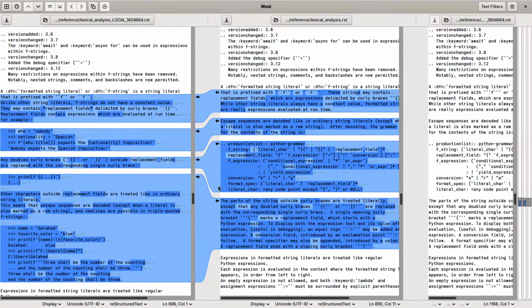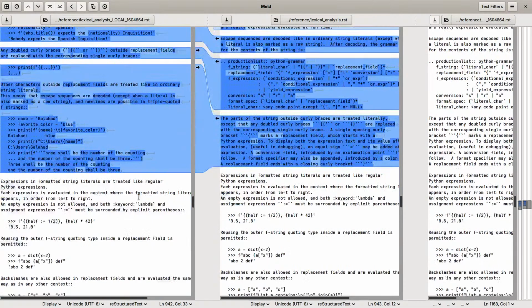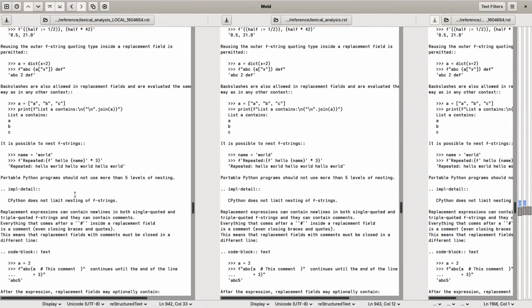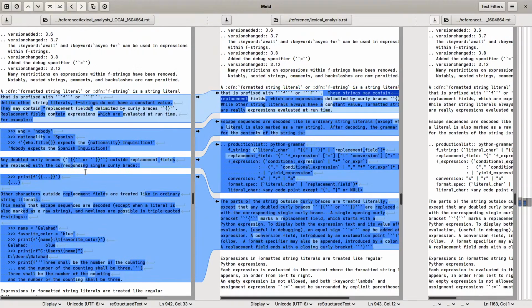And now here it changed in both versions, which is not the best thing. So if I put back this, now this says these strings may contain replacement fields, but I think we cover replacement fields otherwise.